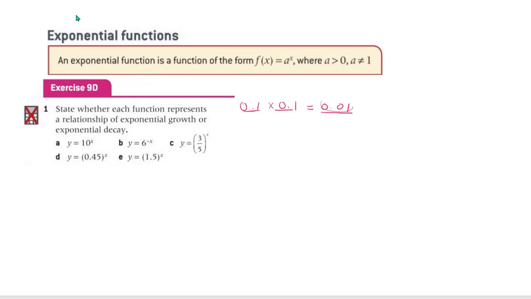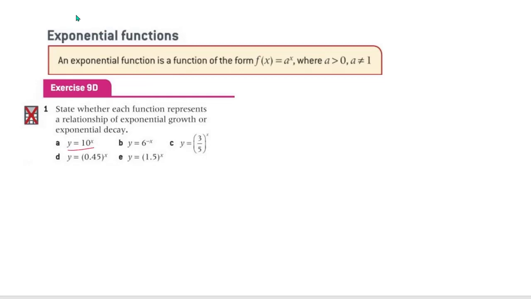Okay? So exponential decay is the process that decreases the quantity over time, and this value should be less than 1. Okay, now let's see which function represents the exponential growth and which represents the exponential decay.